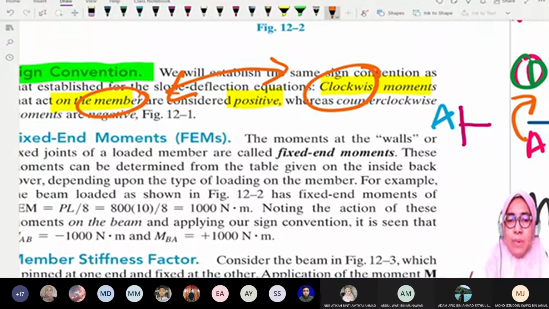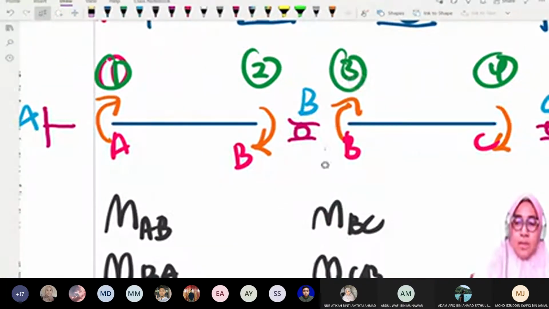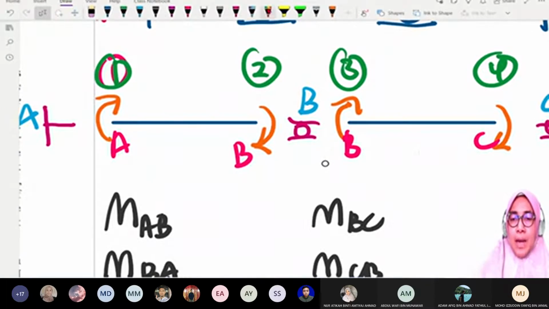Clockwise moment acting on a member is positive. Actually, joint moment is opposite to member end moment. In chapter 11, for joint moment, it directly mentions member end moments, which are actually the outcome that we get from the distribution table.